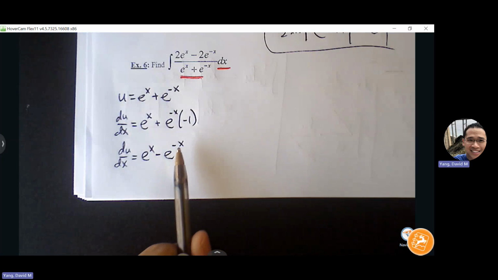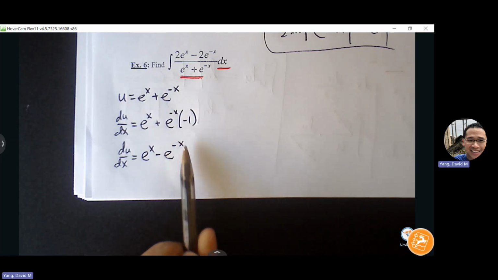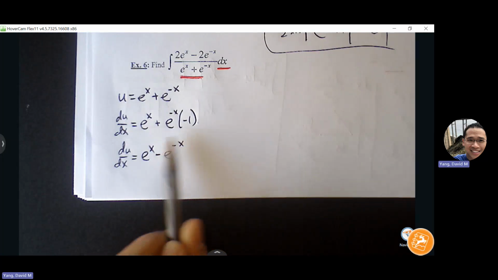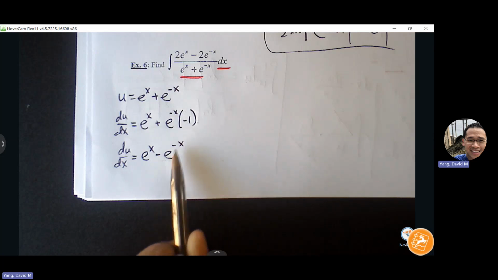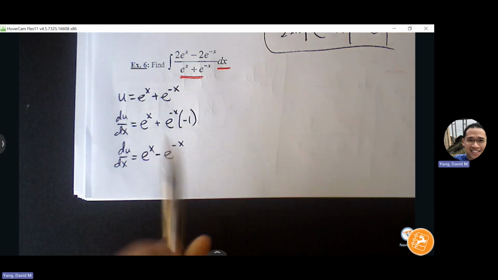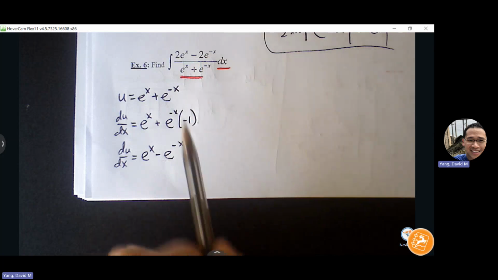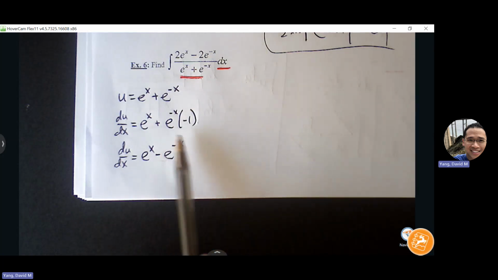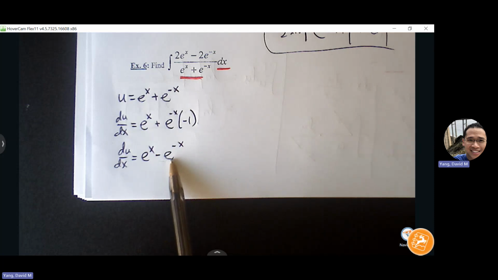Now, you may be looking at this negative x and feeling like you want to push this down to the denominator. I wouldn't do that, because you want to make it look like what you're trying to cancel out. It makes it harder to match up if you're changing the form. So I would leave this alone.